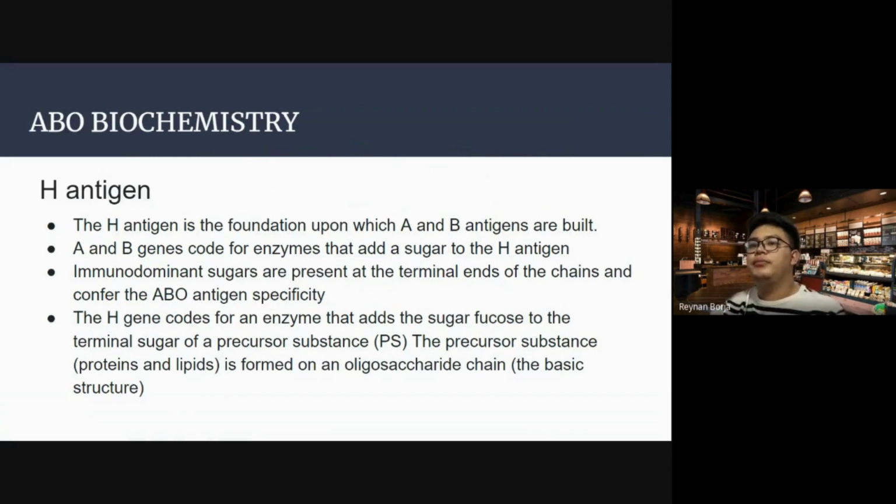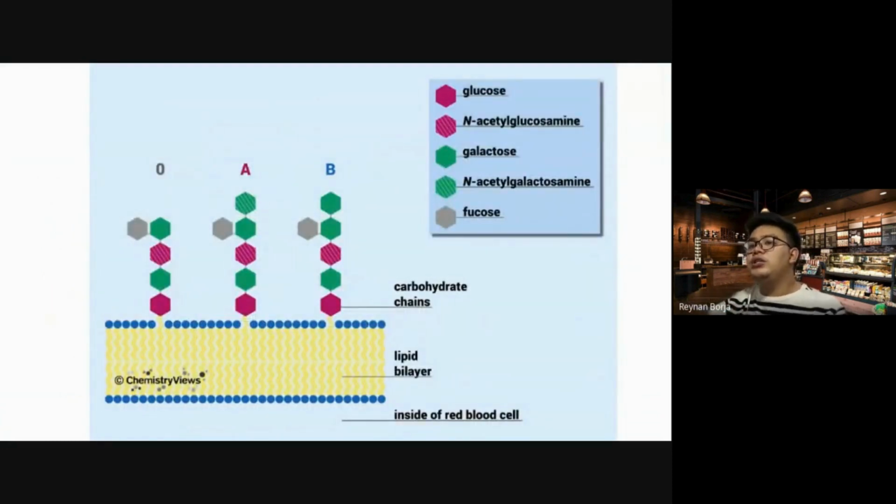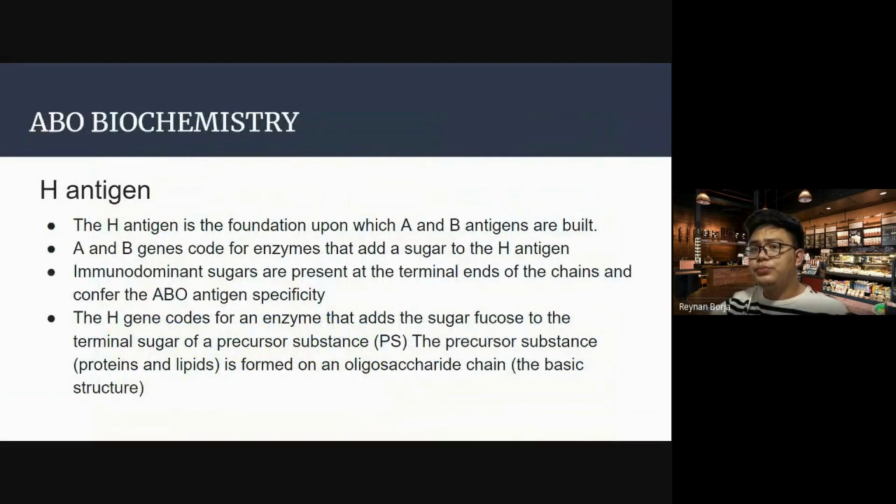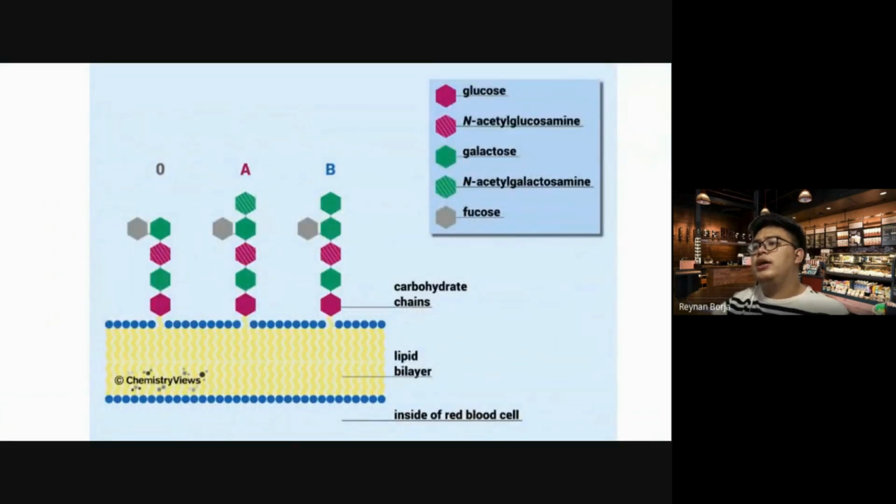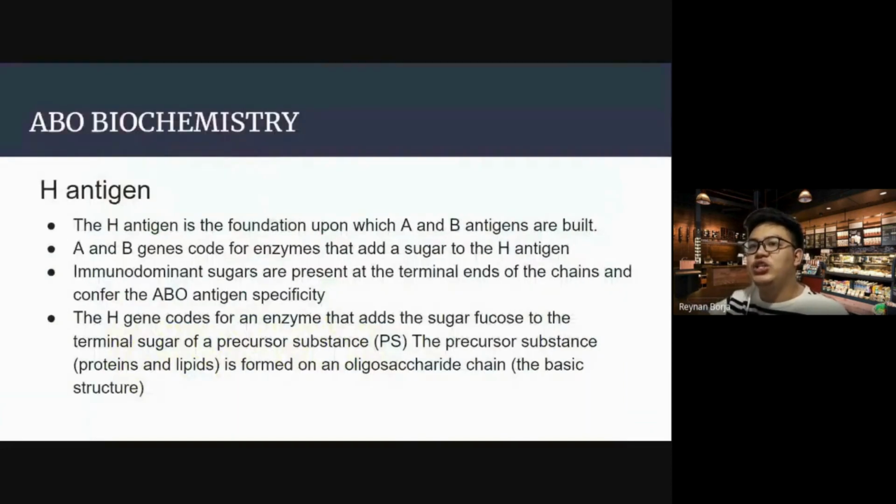Okay? Next. Ito niyo yung sinasabi ko sa inyong mga terminal ends. Terminal ends na uniquely different in each blood group. Sinabi ko din kanina, yung H antigen is the foundation upon which A and B antigens are built. Okay? So si H gene codes anong enzyme?